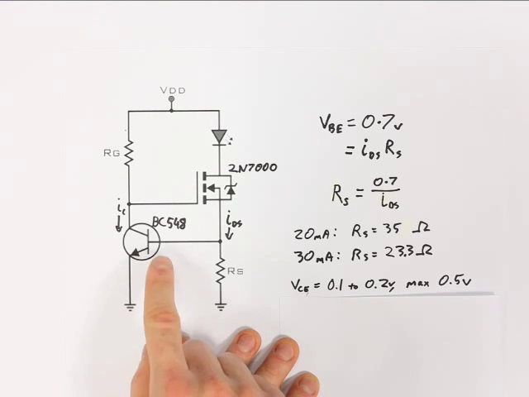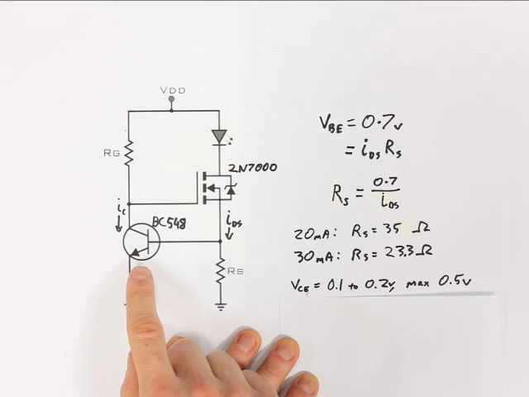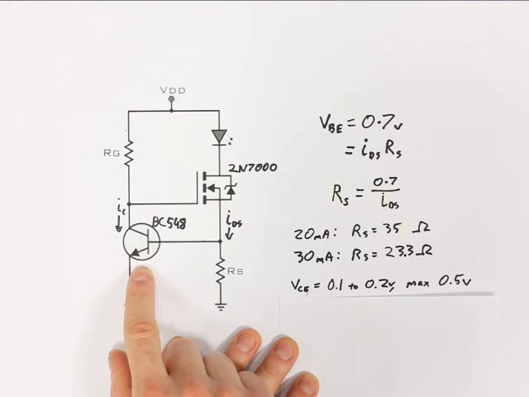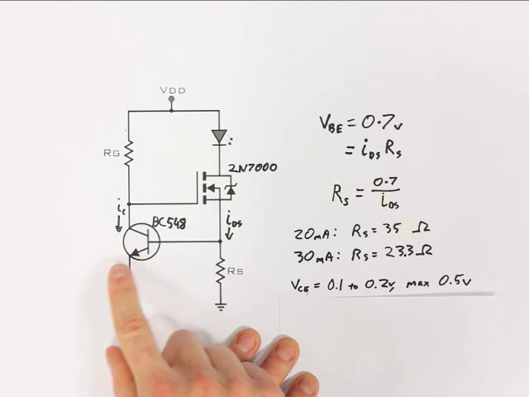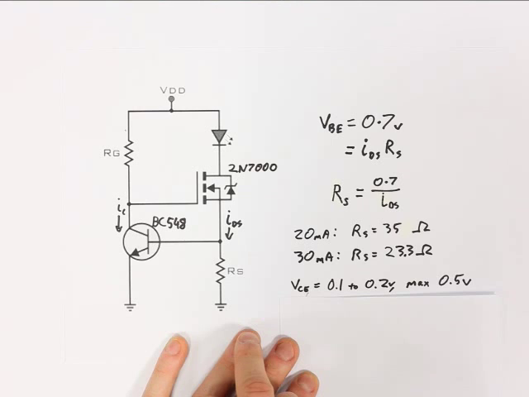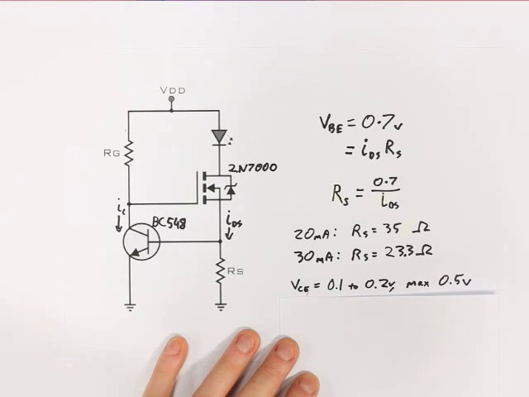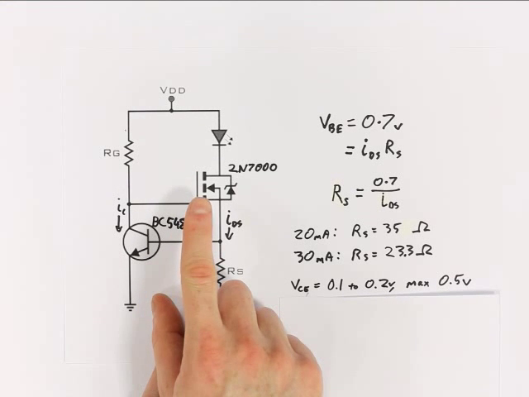Also just be aware that the word saturation actually has a different meaning to saturation in the MOSFET. In the BJT, it's when it's effectively wide open and you have a low collector-emitter voltage. So, in any case, 0.5 volts is certainly less than the minimum 0.8 volt threshold of the MOSFET, so we're okay there.